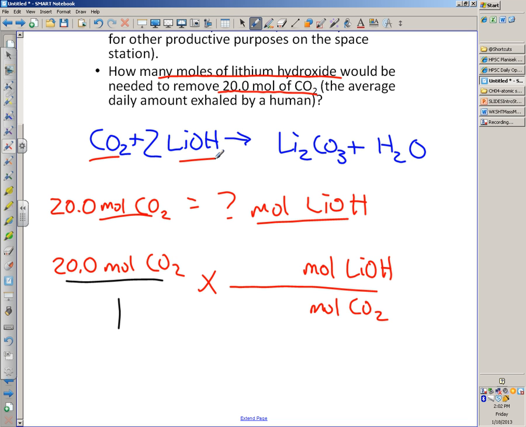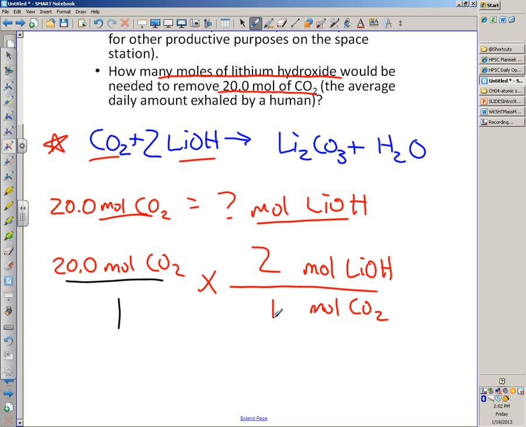It tells you the ratio. And how does it tell us the ratio, Paige? What part of the equation? The coefficients tell us the ratio. So we go back up to our balanced equation, right? What's the coefficient on lithium hydroxide? 2. So that goes in front of moles of lithium hydroxide. What's the coefficient on carbon dioxide? 1.